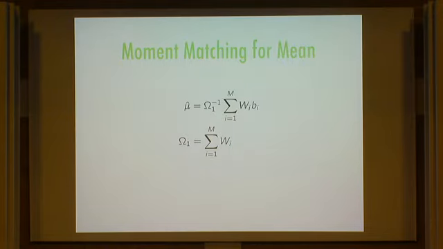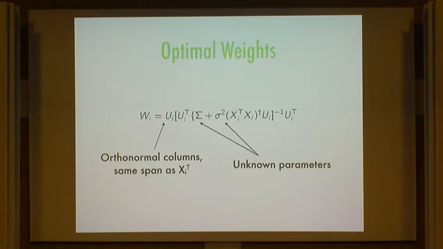What's the dimension of wi? They all have the same dimensions, but they have different ranks. Basically, you take the right singular vectors of x, multiply that on the left and the right, and then put something in the middle. That's exactly what this is doing here. So the ui and the ui transpose are the right singular vectors of xi, and the thing in the middle is rank by rank.